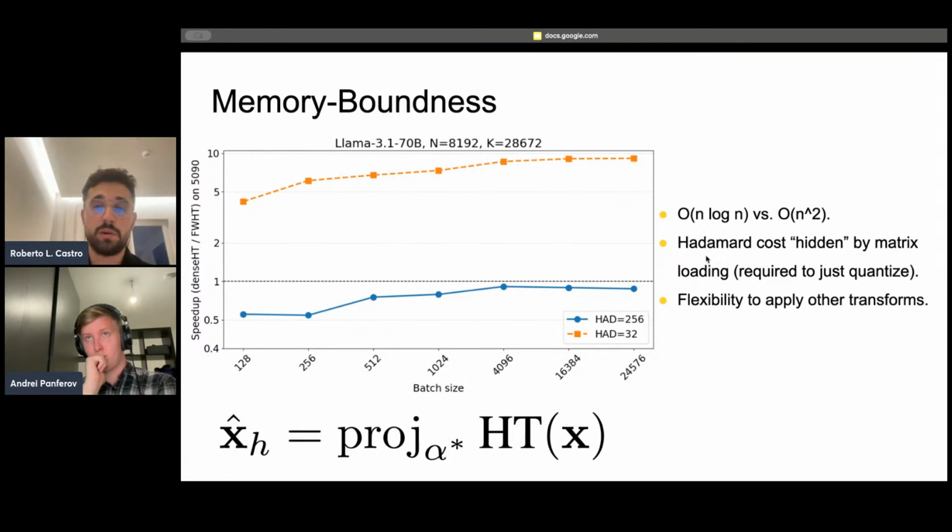So that also means that the Hadamard transformation can be hidden in some sense by this matrix loading, right? And we already have to load these matrices because we have to quantize them. And since this is a memory bound problem, that means that we don't necessarily have to apply Hadamard transformation, but any kind of transformation can actually be applied here if we want.